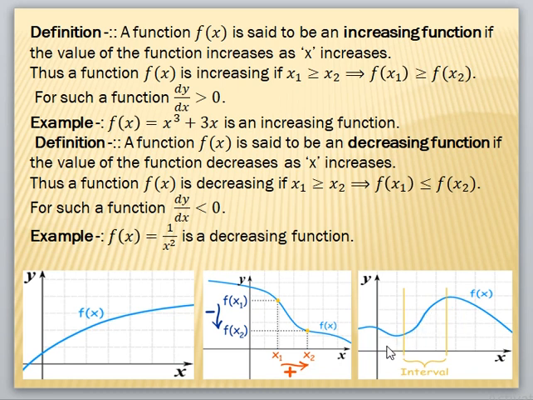So this is a function which is increasing for some values of x and decreasing for some other values of x. Here we can see that an example of an increasing function is f(x) equal to x cubed plus 3x, and an example of a decreasing function is f(x) equal to 1 by x square.